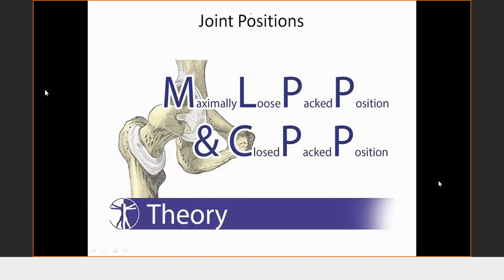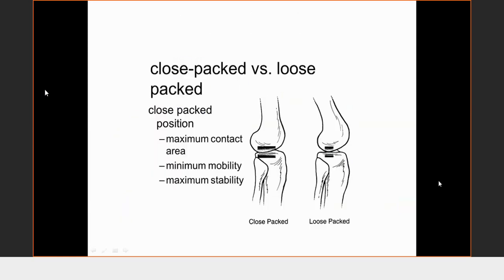Now you can see here, basically the maximally loose pack or the closed pack. Here you can see better. Now see the area of contact between these two articulating surfaces. This is the lower end of the femur and this is the upper end of the tibia, and here also. You can see the area here is maximally utilized and here is the least area utilized during this articulation.